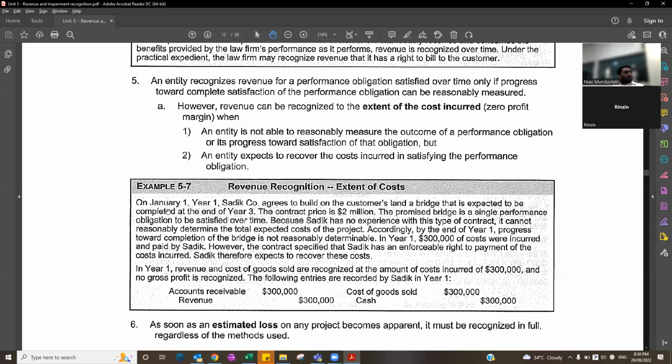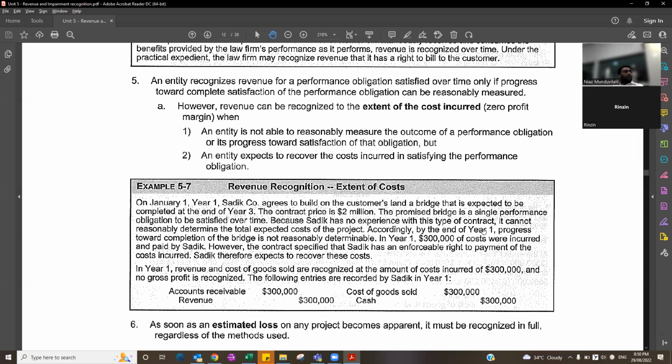Now here, on January 1st, year one, Sadik company agrees to build on the customer's land a bridge that is expected to complete in year three. The contract price is 2 million. The promised bridge is a single performance obligation to be satisfied over time. Because Sadik has no experience with this type of contract, it cannot reasonably estimate the total expected cost of the project.